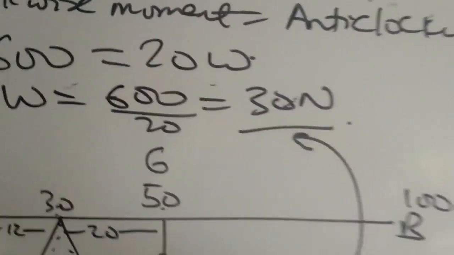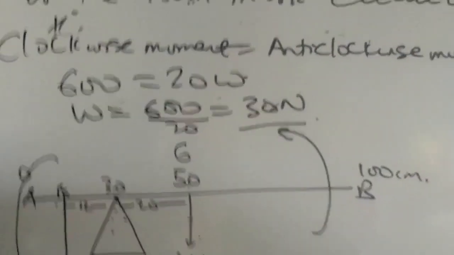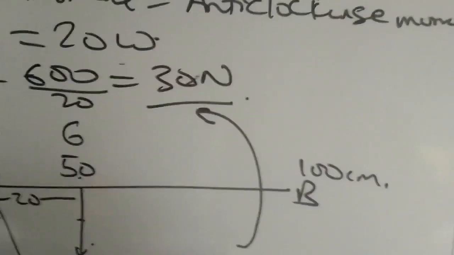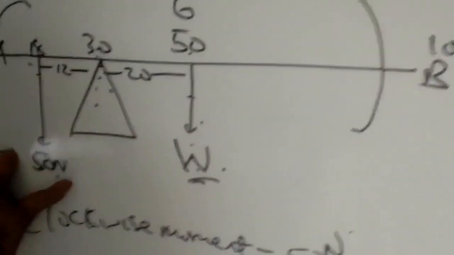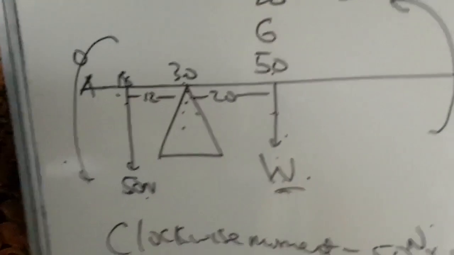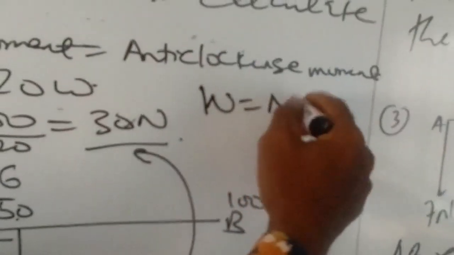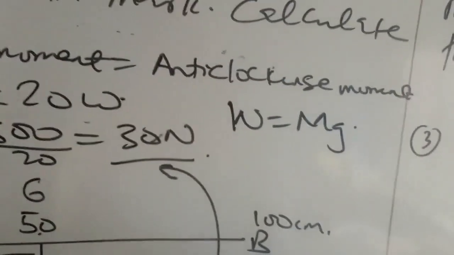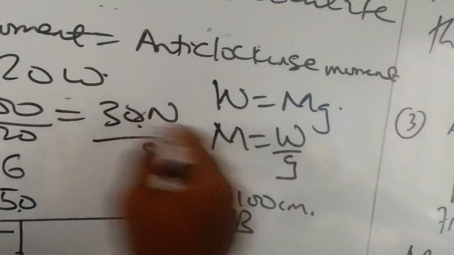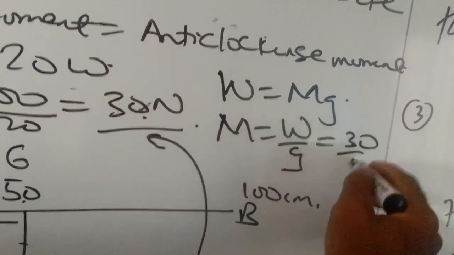But in this question, we are asked to find the mass of the meter rule, not the weight. The question is on mass. We have to find weight because the force here is expressed in Newton, so this one should be in Newton also. Then we have to find the mass. You know in physics that weight is mass times acceleration due to gravity. So mass now becomes weight over acceleration due to gravity, which is 30 over 10.